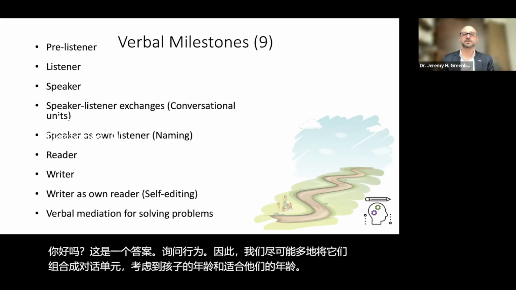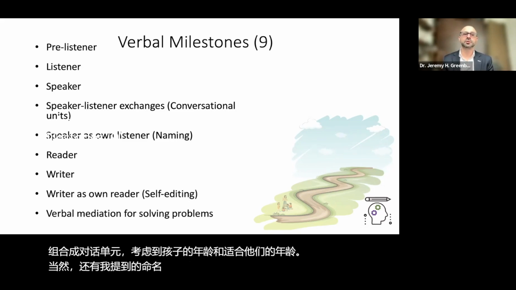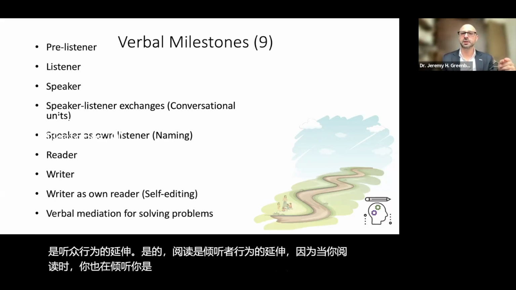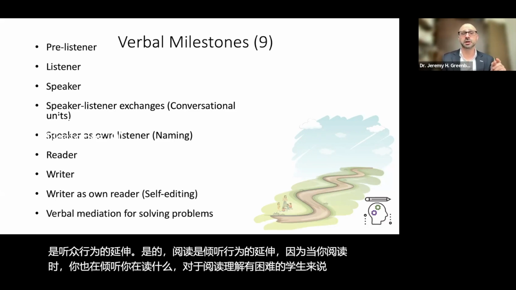There's the naming behavior. As I mentioned, of course, we have reader behavior, which we view as sort of an extension of listener behavior. Yes, reading is an extension of listener behavior, because when you read, you are also listening to what you are reading. And for students who have difficulty in reading comprehension, that is likely because they're not fluent readers.